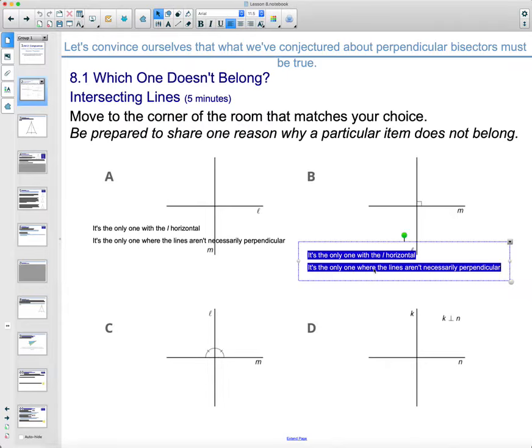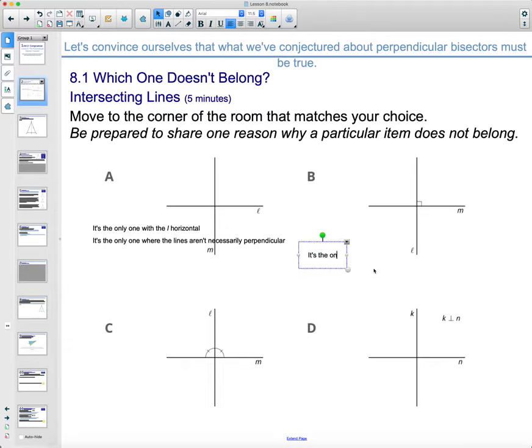For B, maybe you said it's the only one with a 90-degree angle marked. Maybe you said it's the only one with exactly one angle marked.